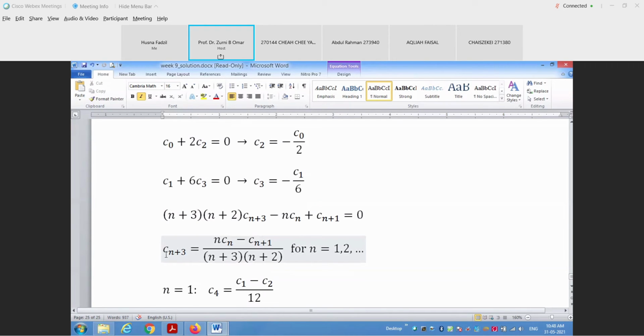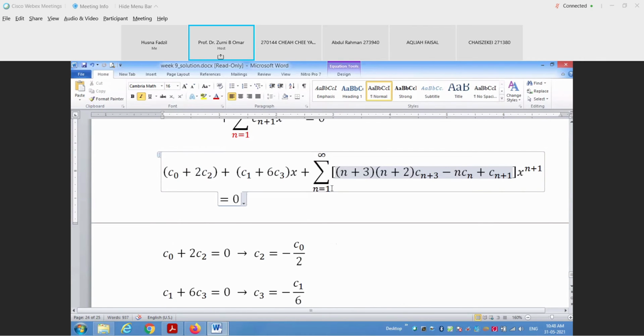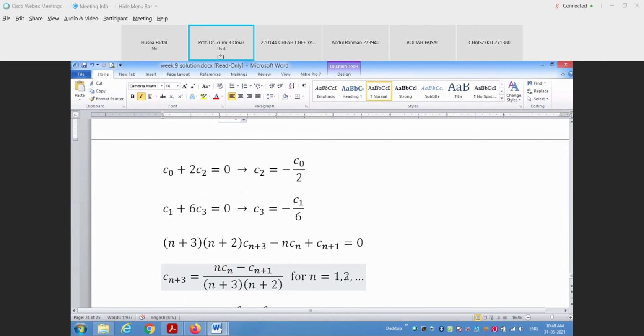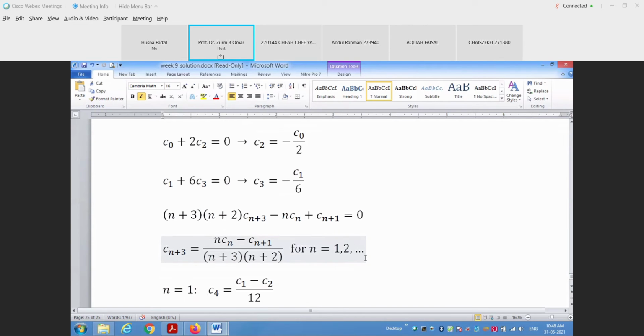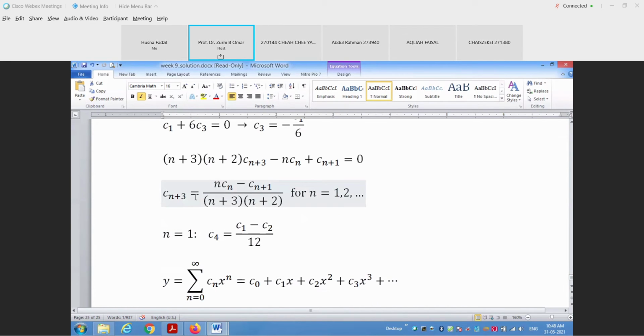So we get C(n+3) is equal to, this one becomes plus because we cross the equal sign, n Cn, this one will be negative C(n+1), and the multiplication becomes division by (n plus 3) times (n plus 2), and n starts with 1, because based on this, n starts with 1, and then 2 and so on. So this is the relationship between C(n+3) and Cn and C(n+1).